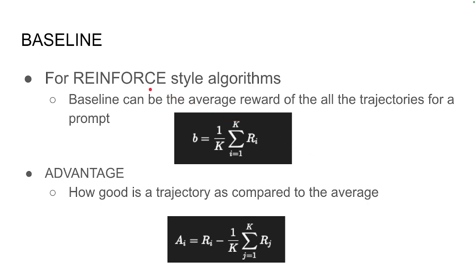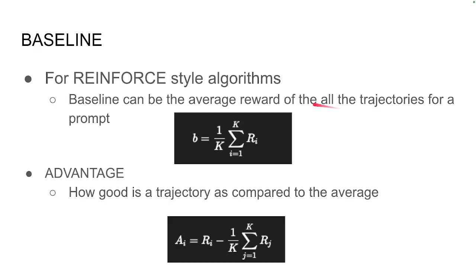In reinforcement learning style algorithms, the baseline is the average reward of all the trajectories for the prompt. So you take a prompt, let's say you generate 8 responses from it, and the baseline for those 8 responses is the sum of the rewards divided by 8, the number of responses. So the mean of those rewards is your baseline.